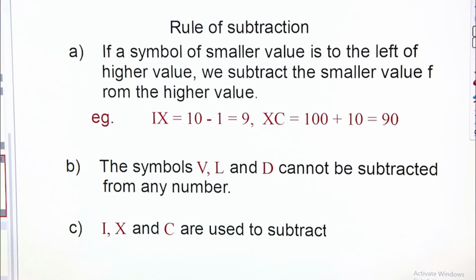We are subtracting simply because the I is to the left of X. I is smaller than X and it is to the left of a higher value. So we subtract. 10 minus 1 will give us 9. Therefore, IX is equal to 9. That is the rule.